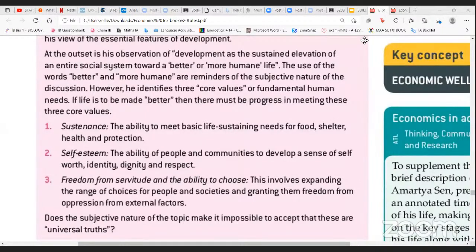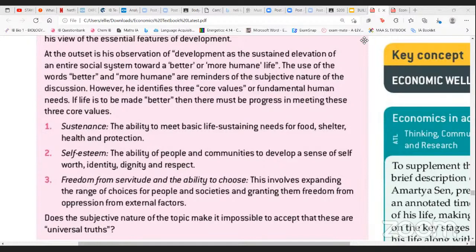Tapi even though kita agree, we have to explore the limitations jugalah. So macam kena bagi kind of like the counterclaim tu. So counterclaim boleh jadi, I said yang okay, this universal truth ni boleh accept sebab dia general enough for everyone.